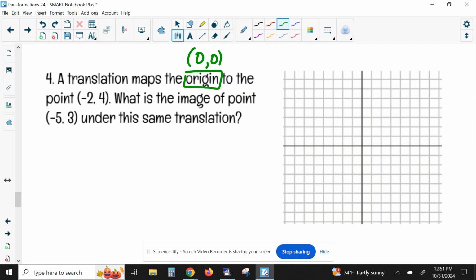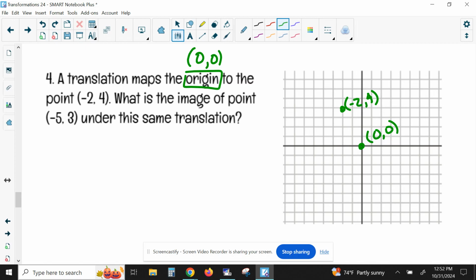So you're taking 0, 0. I'm going to put him on the graph. He's right here. I'm taking 0, 0, and moving him to negative 2, positive 4.